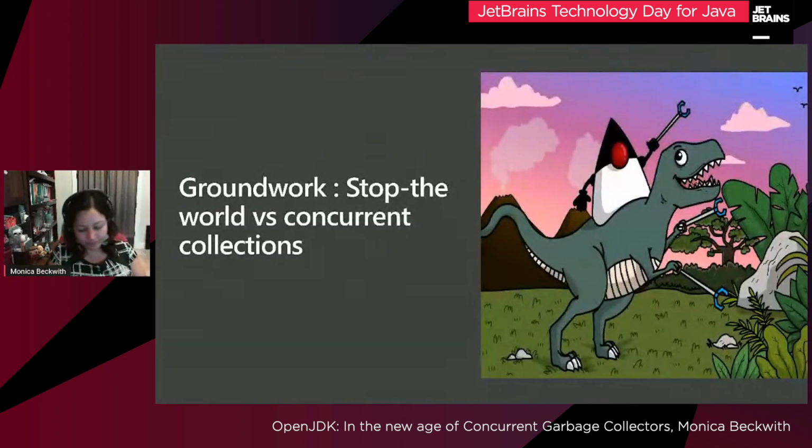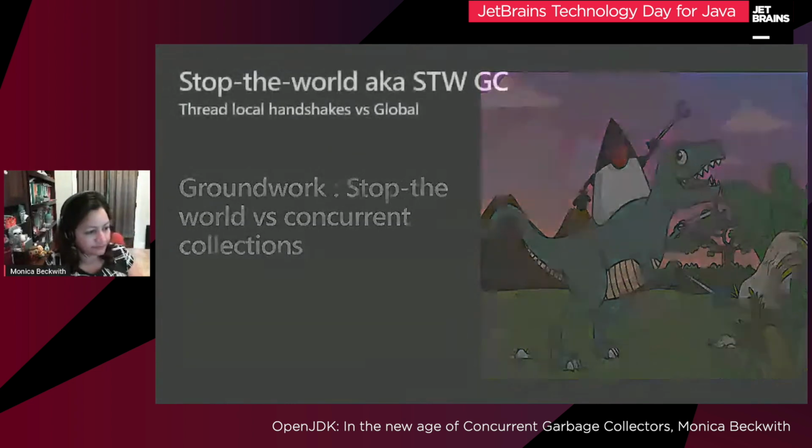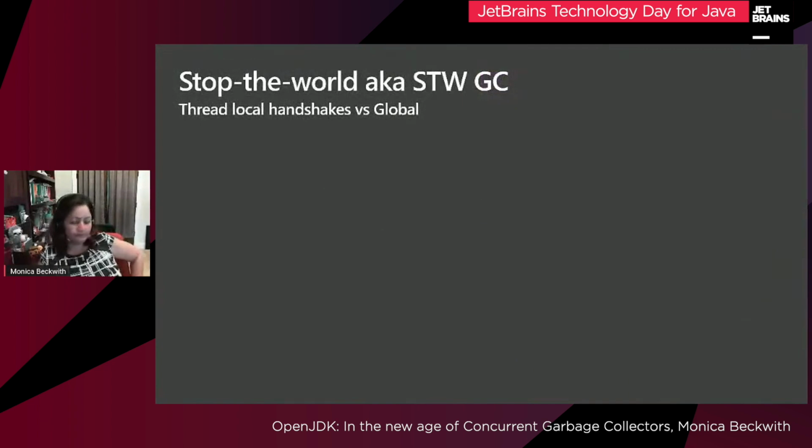So here we go. Let's talk about stop the world versus concurrent collections. With JDK 10, there was this concept of thread local handshakes that was introduced. Previously, stop the world would always mean stopping all of the application threads and then doing the garbage collection work. So you have to bring the threads to a safe point.